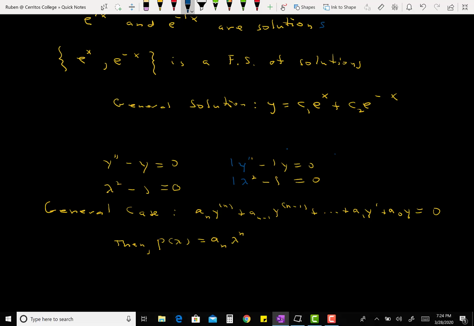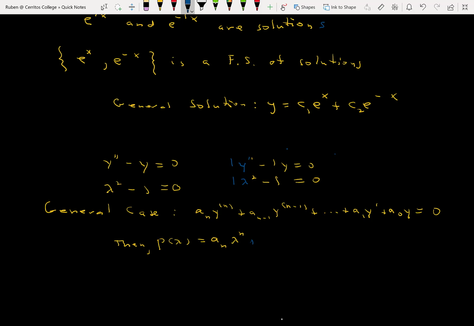So continuing on, we have plus a sub n minus 1 lambda to the n minus first power plus dot dot dot all the way down to a sub 1 lambda plus a sub 0. Now notice there's no power of lambda on a sub 0.